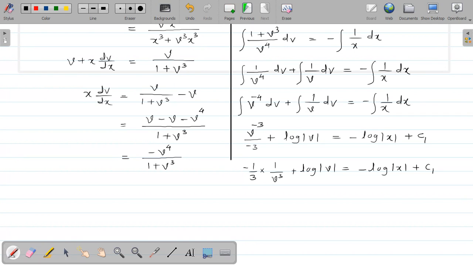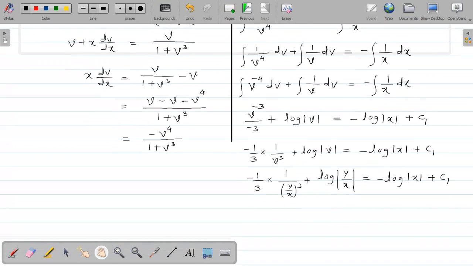Now I will resubstitute the value of v here, as our substitution is y is equal to vx, so v will be y upon x. So here if you put that, then we get minus 1 upon 3 into 1 upon, in place of v I will put y upon x, so it will be y upon x raised to 3 plus here we get log of modulus of y upon x is equal to, here it is log of modulus of x plus constant c1.